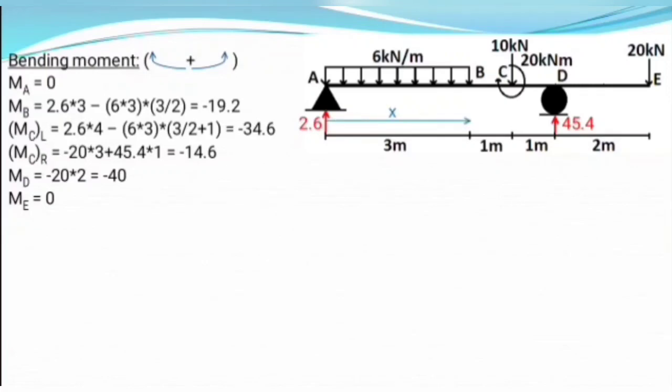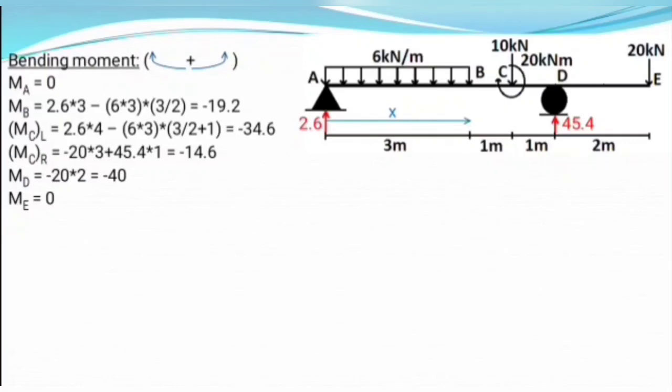Now we calculated bending moment at all those points, but what about portion AB? What about all those points between point A and B? We need to calculate bending moment at those points, but it is impossible to calculate it at all those points. So we are going to find the nature of bending moment at that portion under the UDL.